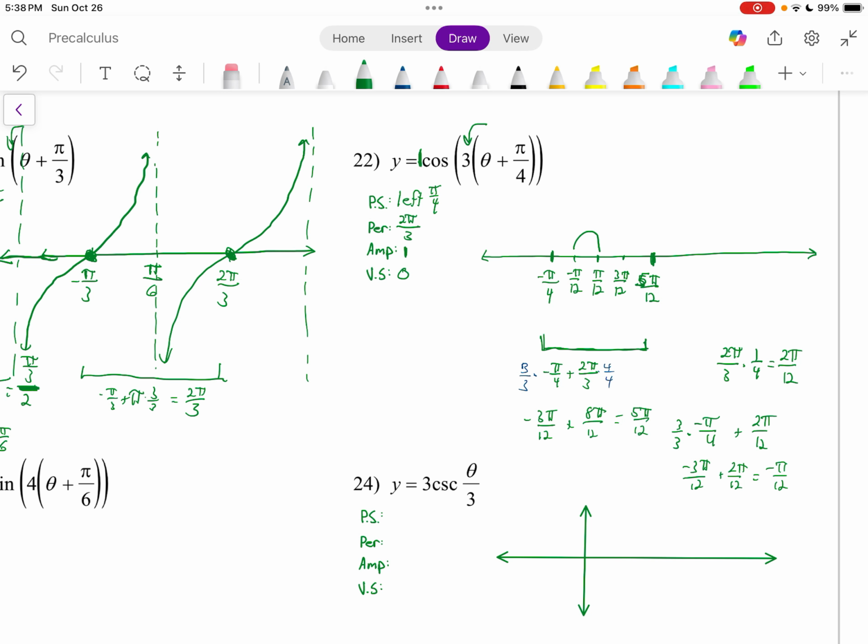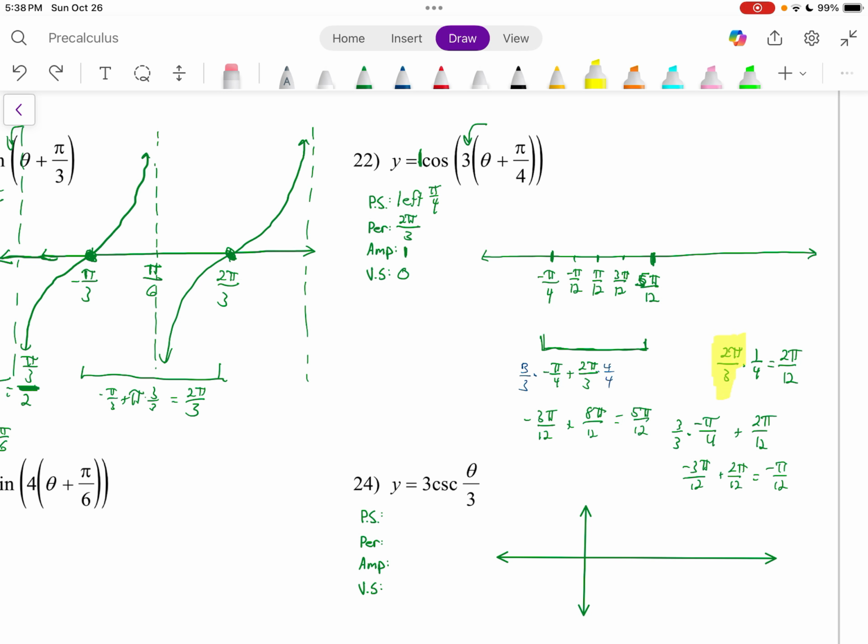So maybe sometimes an easier way to find those 4 points is to figure out your period and then multiply that by a quarter. So here's our period.